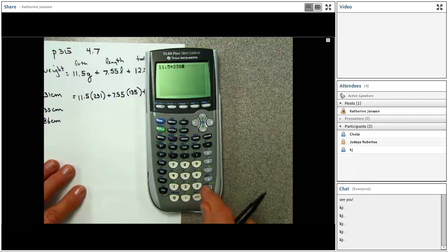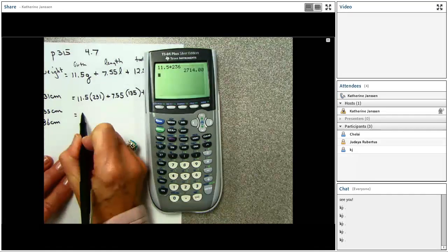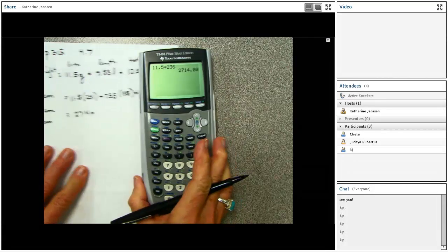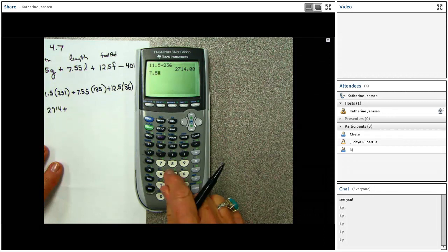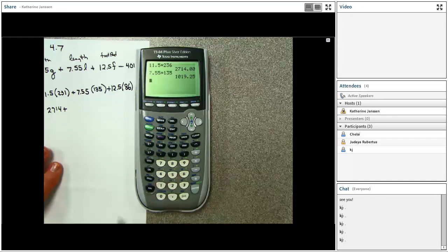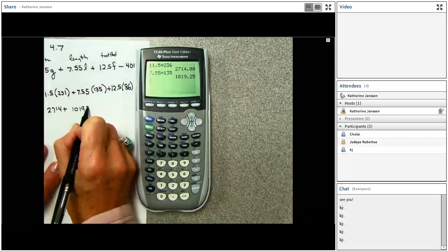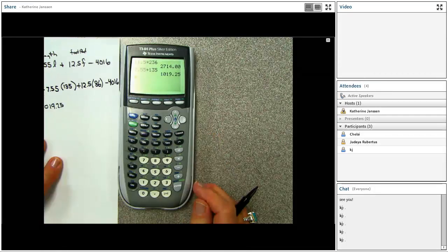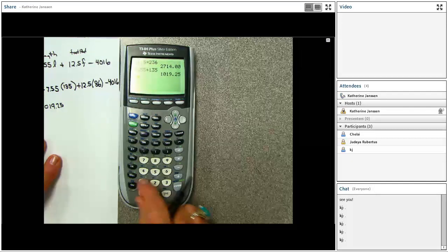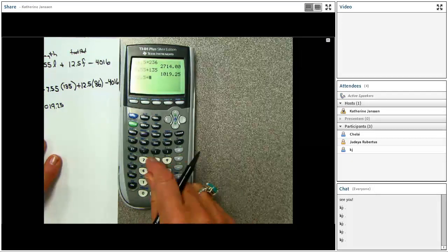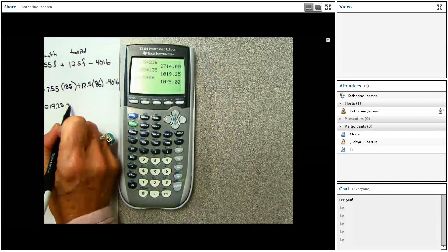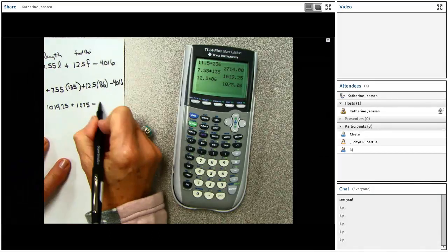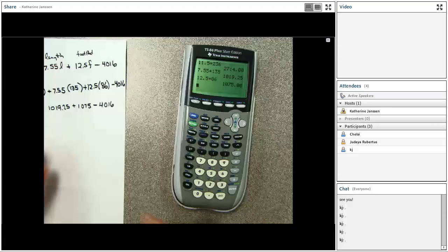11.5 times 236 is 2714, plus 7.55 times 135 is 1019.25, plus 12.5 times 86 is 1075, and subtract our 4016.